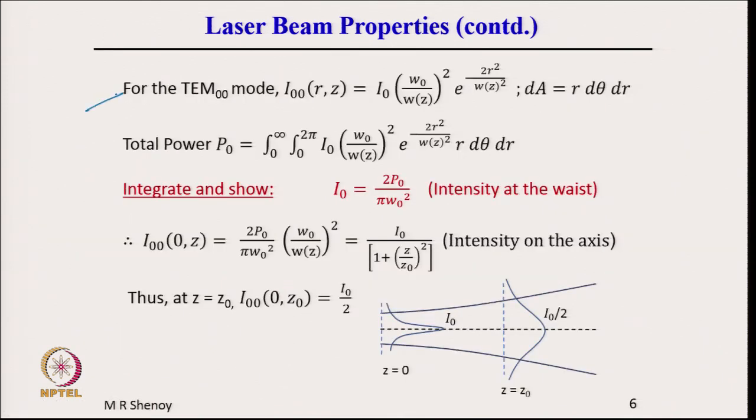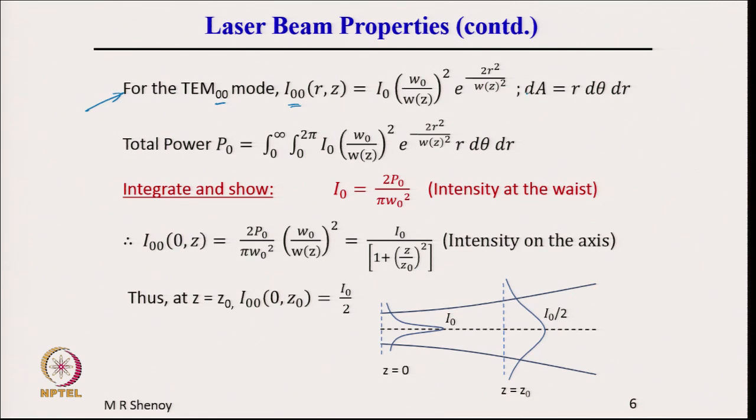For the TEM 00 mode, which is the Gaussian mode, the intensity distribution is given by I 00 of r, z equal to I 0 into W 0 by W of z, where W 0 is the spot size at the waist and W of z is the spot size at any z, into e to the power of minus 2 r square by W square of z.